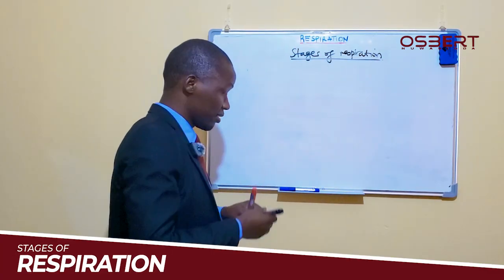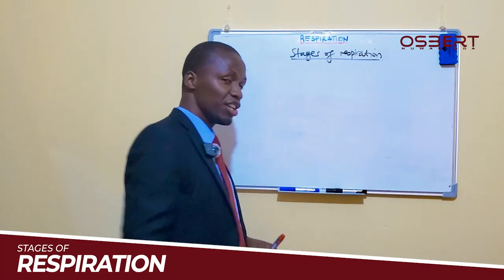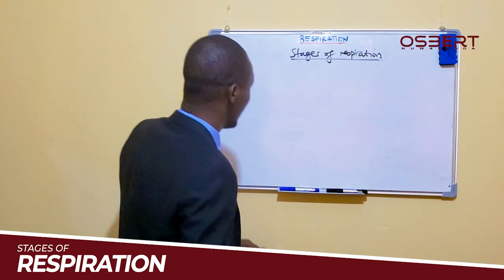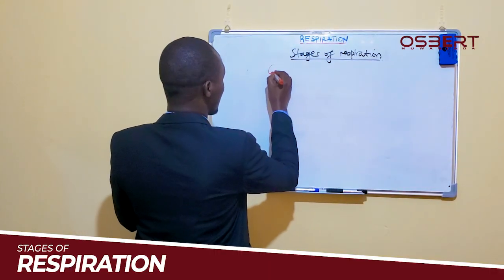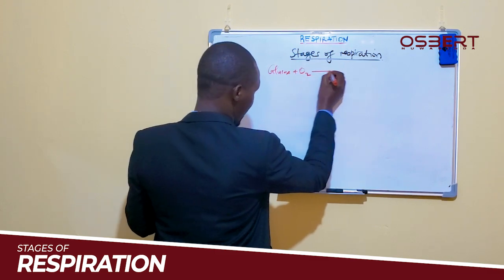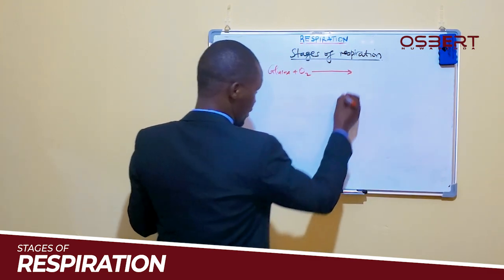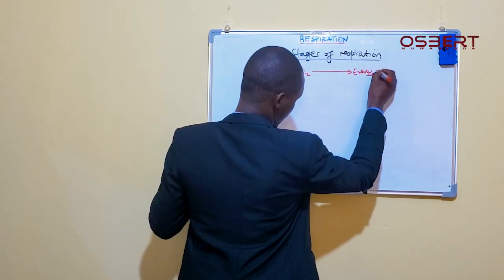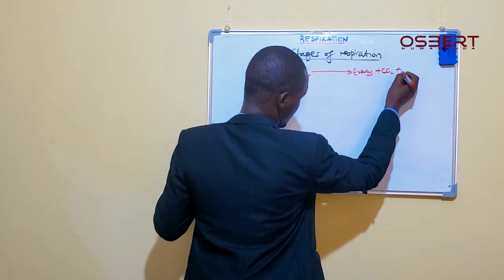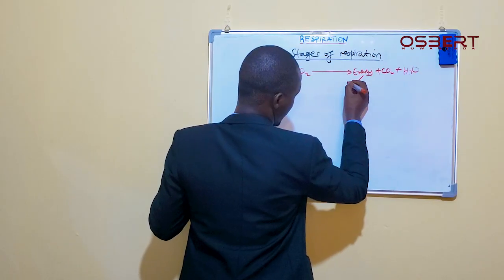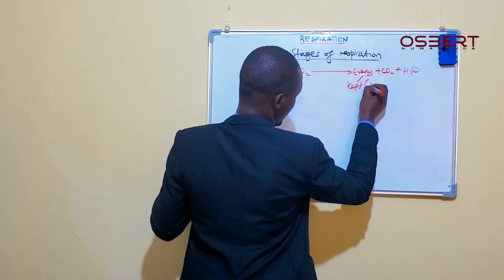Why stages? In the previous video, we said that glucose combines with oxygen, and then we produce energy, carbon dioxide and water, and this energy is kept in the form of ATP.